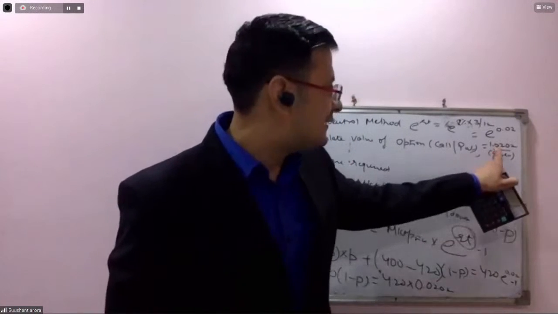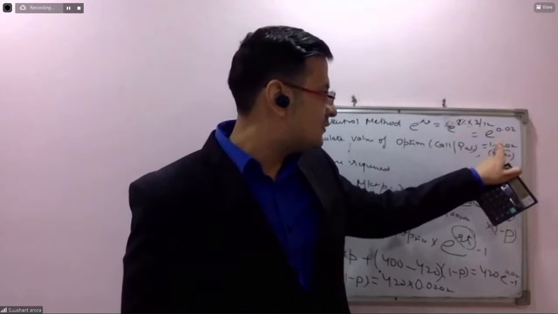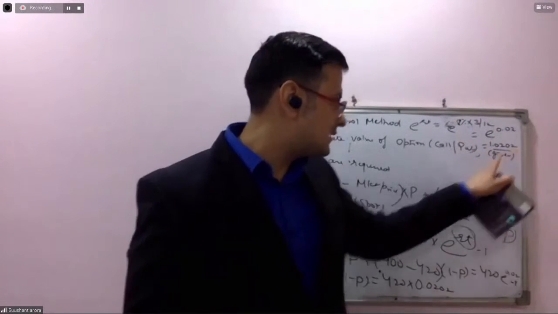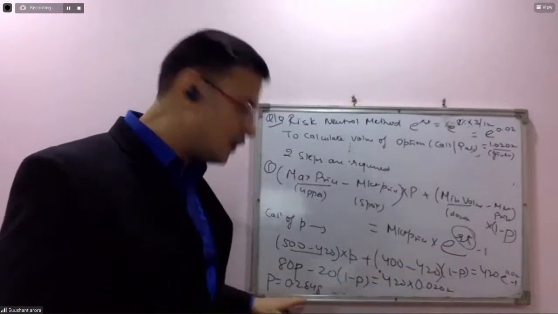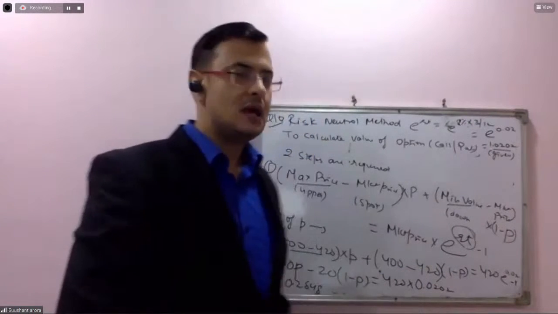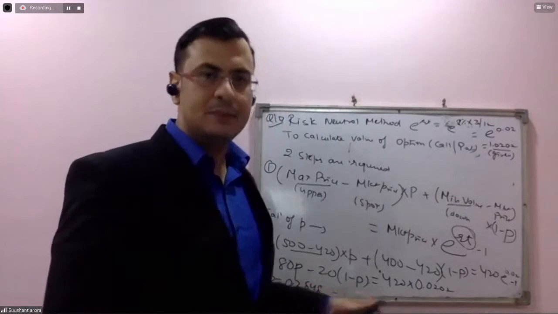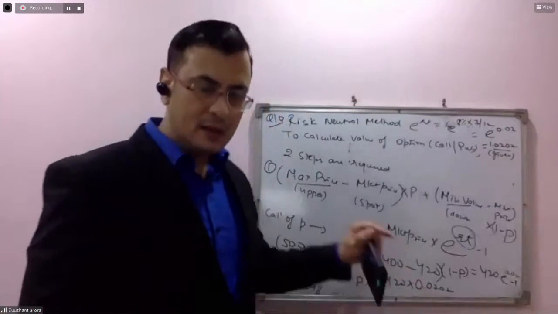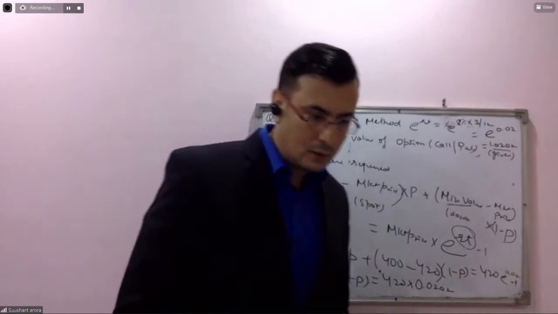Why? Because the value given to me in the question itself is the value of e^RT is 1.020. So if I do the 1 minus from this, it will give me 0.0202. And once I calculate all of them, the probability of the increase in the prices will be 28%, almost 29%. The probability of not having that value will be 1 minus the probability. Okay, clear?